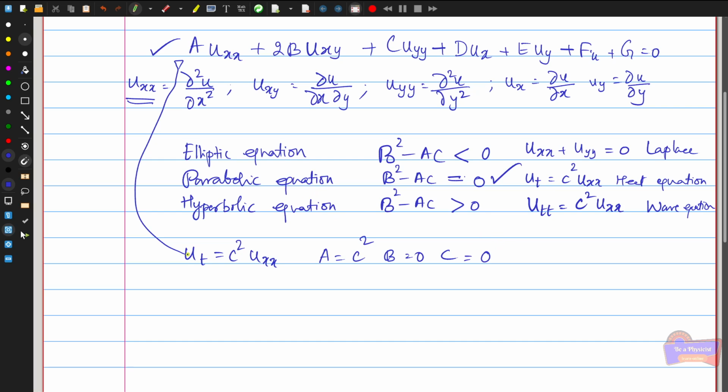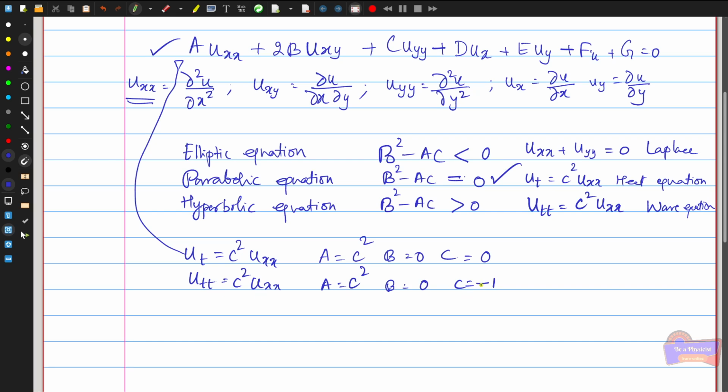Similarly, consider the wave equation u tt equal to c squared of u xx. If you collect the coefficients of a, b, and c, the value of a is c squared, b is equal to 0, and the value of c is -1, because if you take u tt to the other side and equate the equation to 0, either the c squared term or the u tt term will have the negative value.